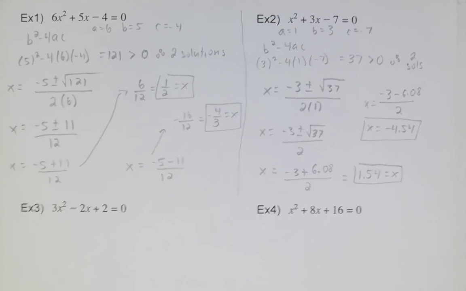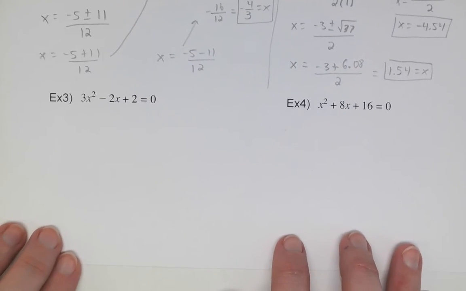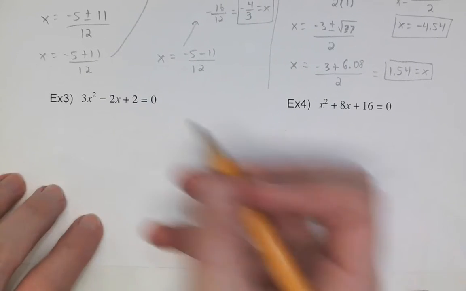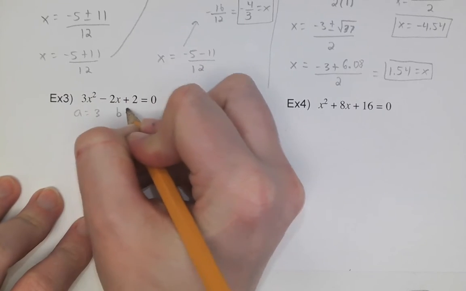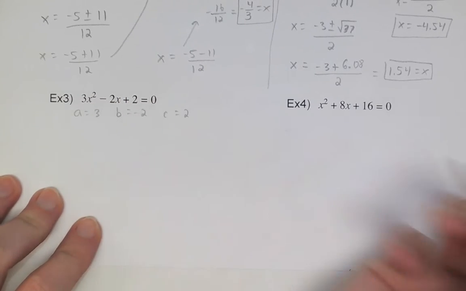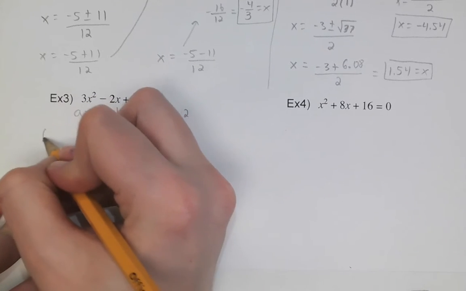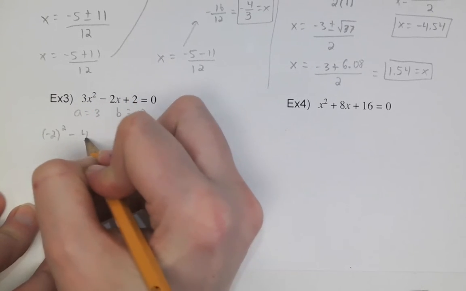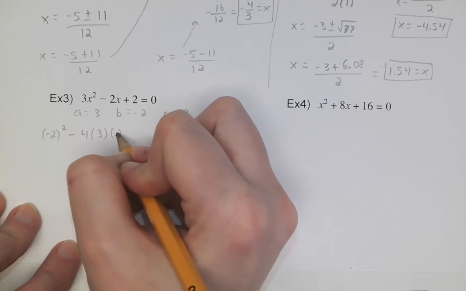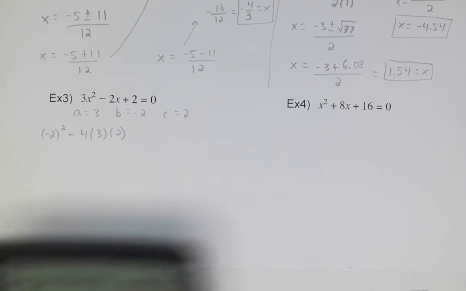Okay, 2 more. A is 3, B is -2, C is +2. Discriminant, b squared minus 4ac. Type that in.